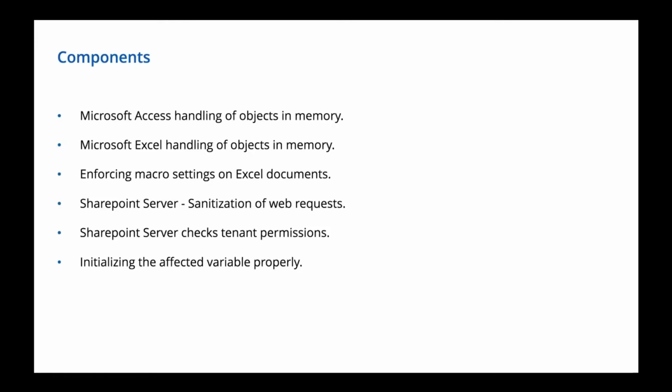Components that were affected: Microsoft Access handling of objects in memory, Microsoft Excel handling of objects in memory, enforcing macro settings on Excel documents, SharePoint server's sanitization of web requests, and SharePoint server's checks of tenant permissions, initializing the affected variable properly.